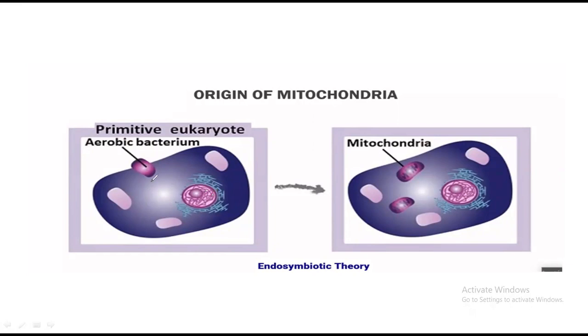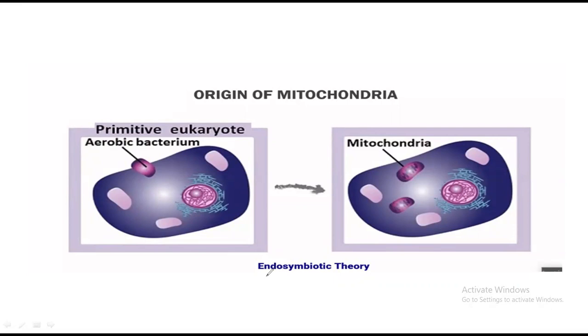They were engulfed, they entered the eukaryotic cell and used its oxygen. After these aerobic bacteria entered the eukaryotic cell, time passed and evolution changed their structure, and they were converted into mitochondria. They became an essential part of the eukaryotic cell by synthesizing ATP and energy for the cell. This is known as the endosymbiotic theory.